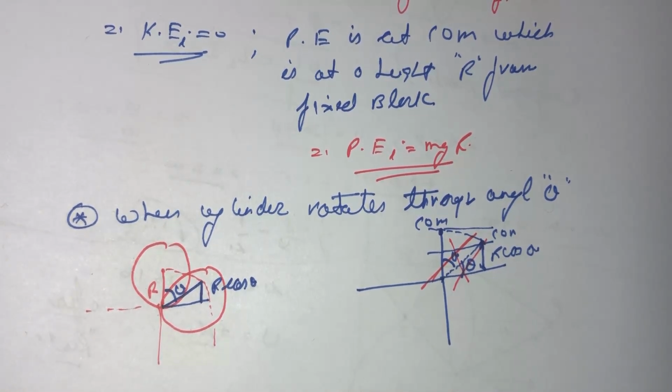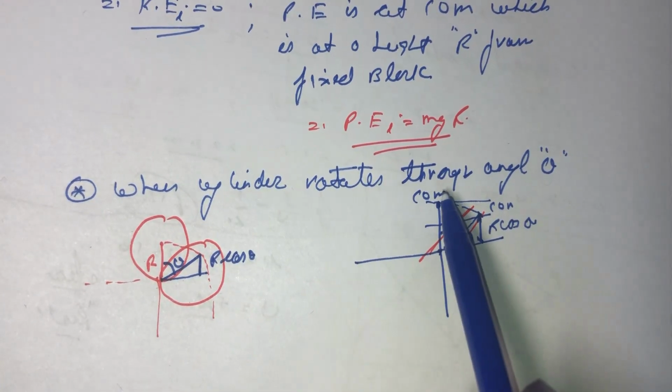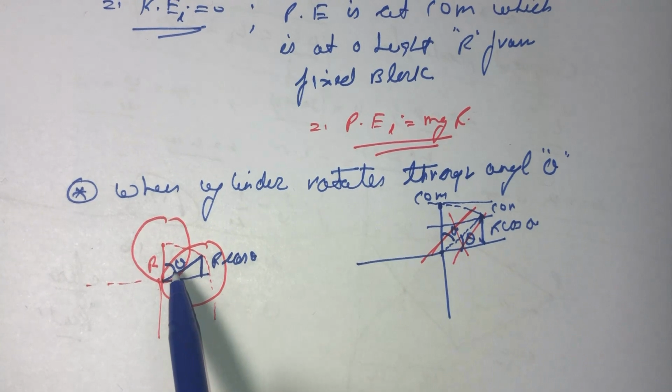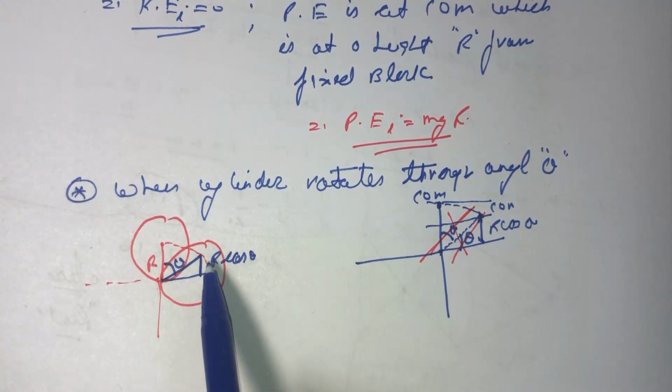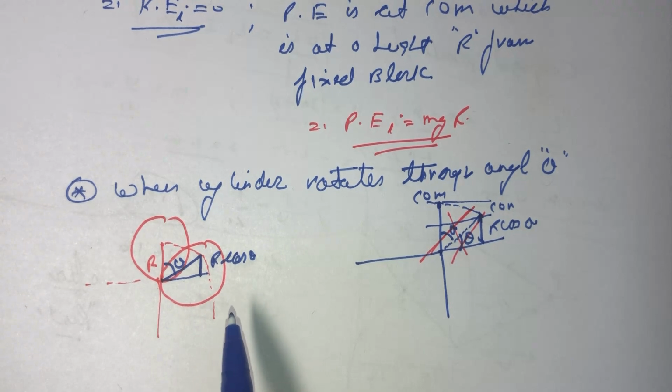So therefore you can say that when the cylinder rotates about the angle of theta, so this is the angle rotated with respect to the cylinder, and this will be coming as R cos of theta.